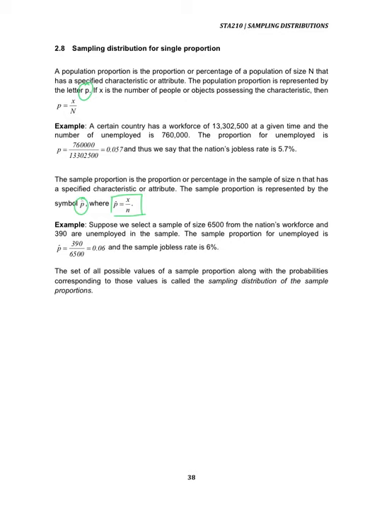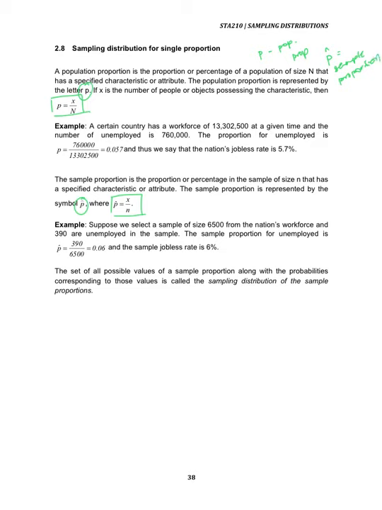So make sure you differentiate these two things, P and P hat. P is population proportion, but P hat is sample proportion.